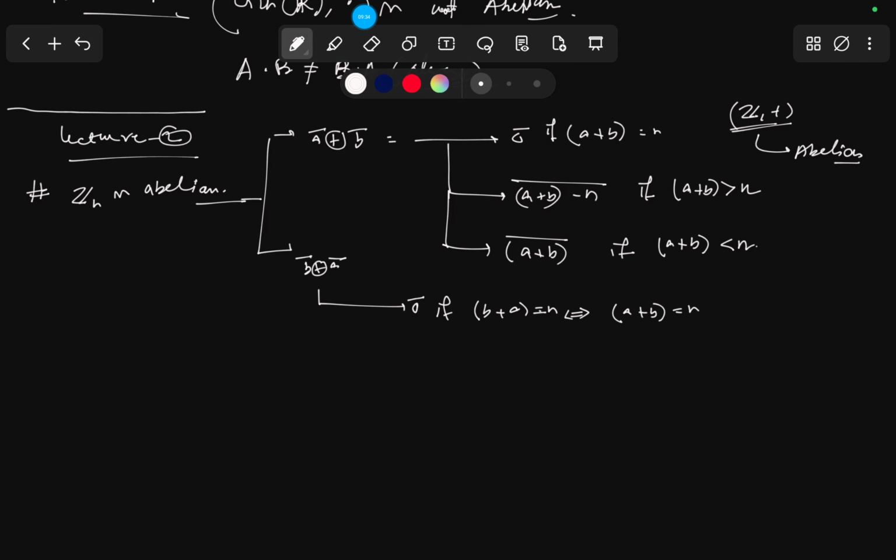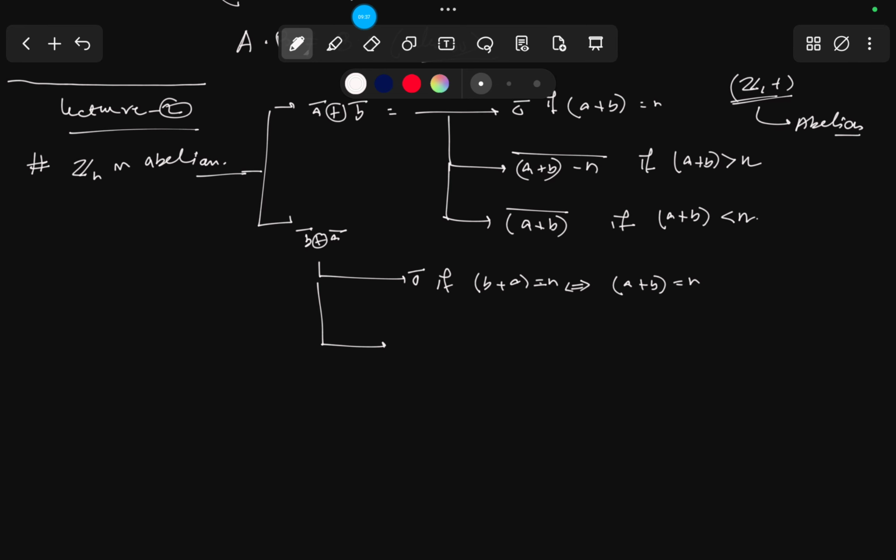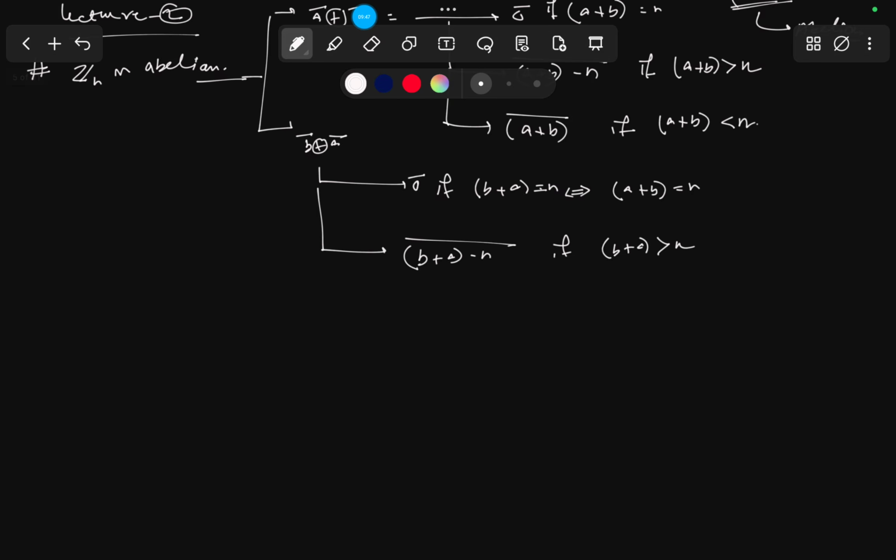Similarly, it is b plus a minus n bar if b plus a is larger than n. Now what is b plus a minus n bar? We can write that as a plus b minus n itself, and this condition is equivalent to a plus b being larger than n.